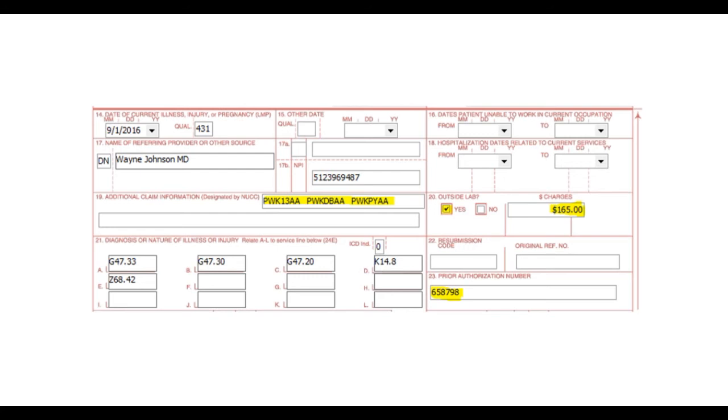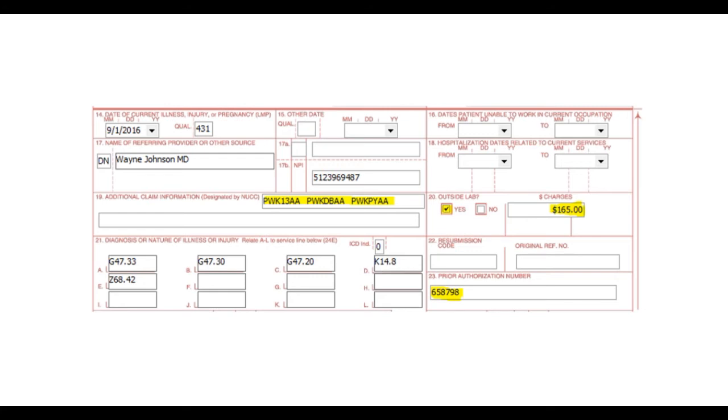Next to that is box 20, and we mark outside lab yes, because the insurance company considers this a DME, or durable medical equipment. We then put the lab charge, and that was $165, and only the lab fee.